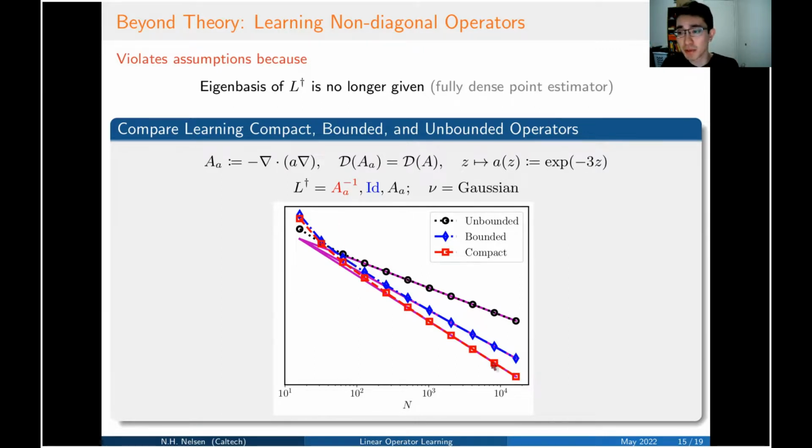And we see the same conclusion. This compact operator, the smoothing one, has a much steeper slope on the error versus sample size plot, so it has the best sample complexity. And then as you become less and less smooth, as you become bounded or eventually unbounded for the differential operator, the convergence rate gets much slower.